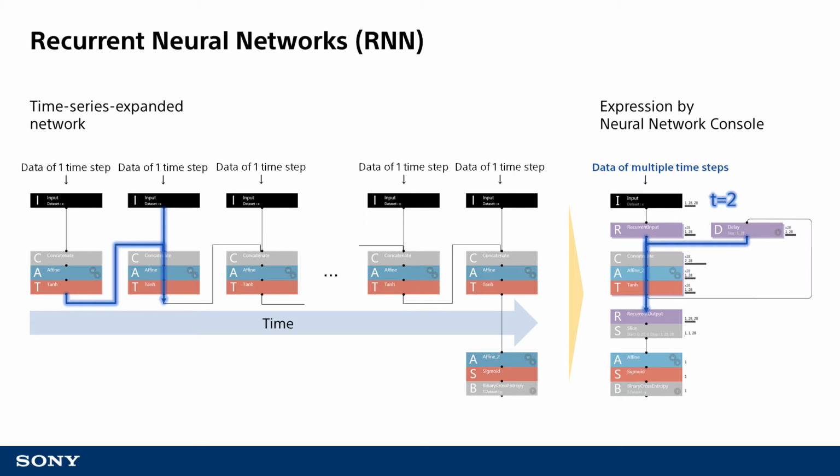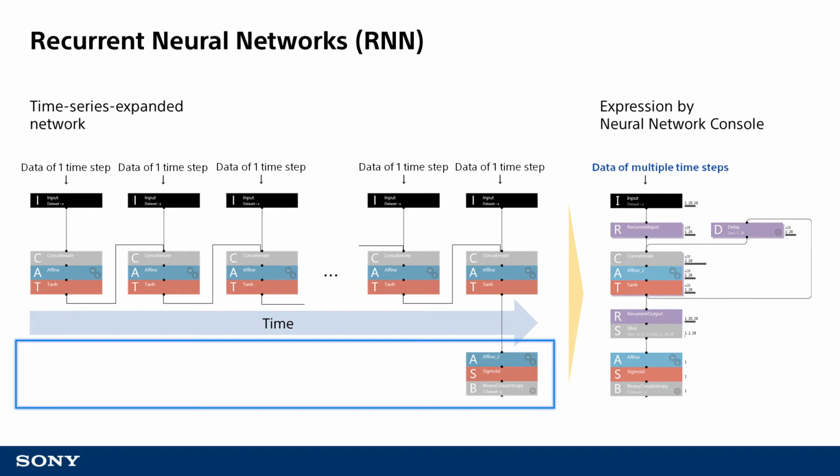At the next time step, concatenate, affine, and tanh will be processed in the same manner for the data at the second time step extracted by recurrent input, and the result is passed on to the next time step through delay as well. When the processing of all time steps is done, the result of the processing at each time step is simultaneously output to recurrent output.